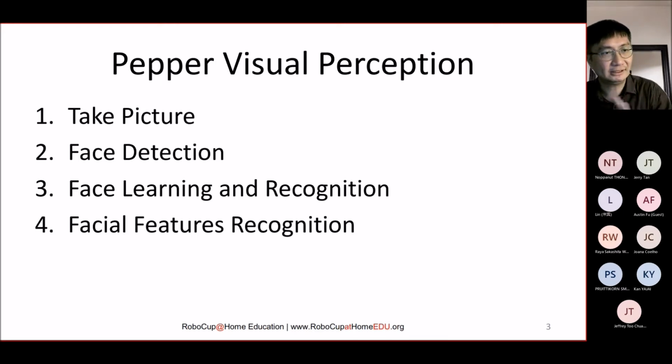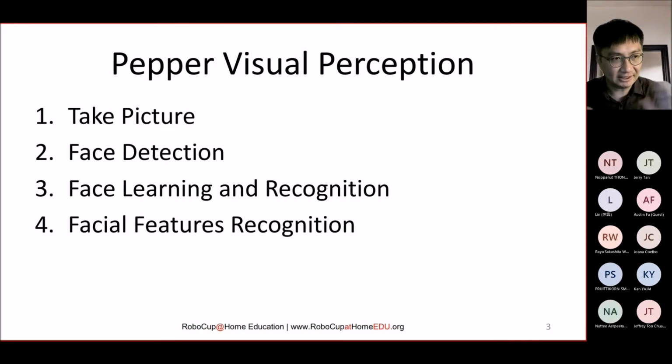The face detection is already trained and has an optimized model. So you just need to use it and you can detect faces. Any faces that appear in front of Pepper, you can get the result.